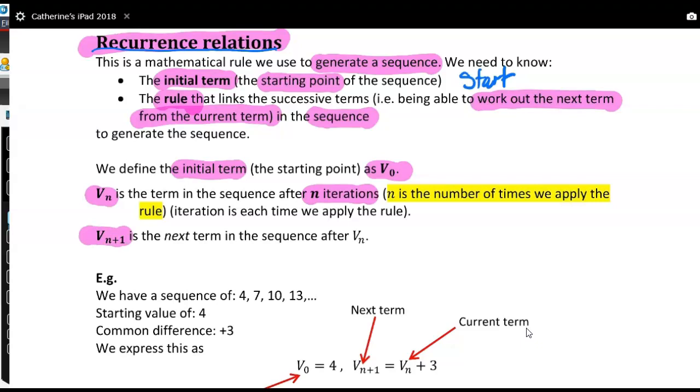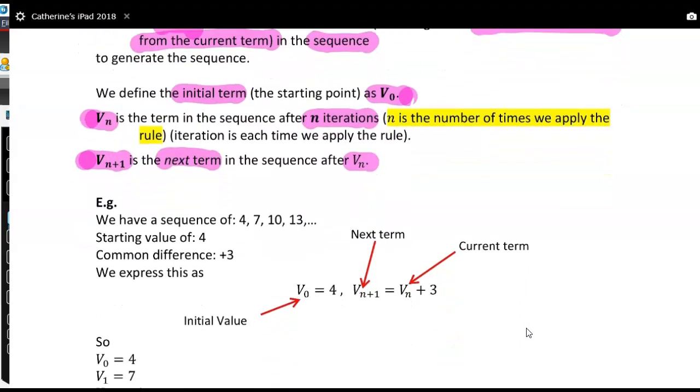So Vn plus 1 is then the next term after Vn. So this is how we think about it. We think of V0 as our starting point. Vn might be that current point we're up to. Vn plus 1 is then the next iteration, the next term.